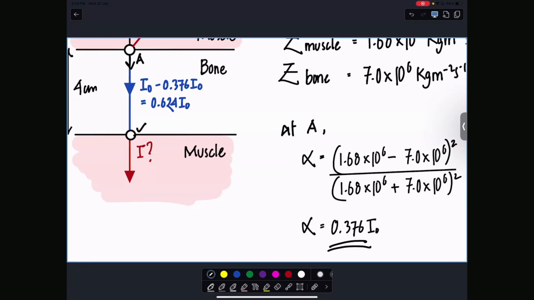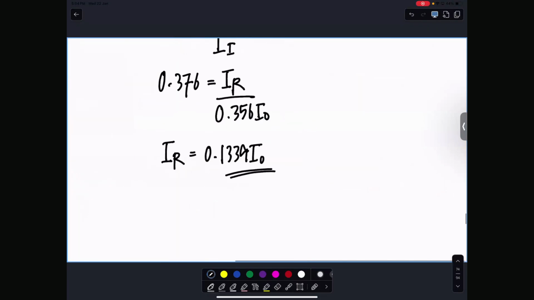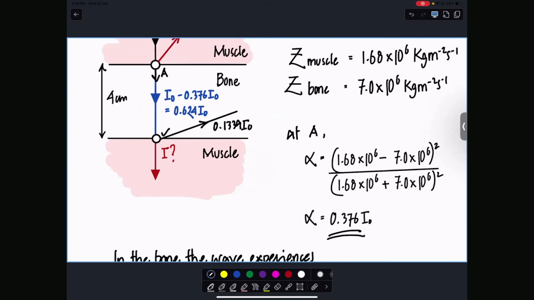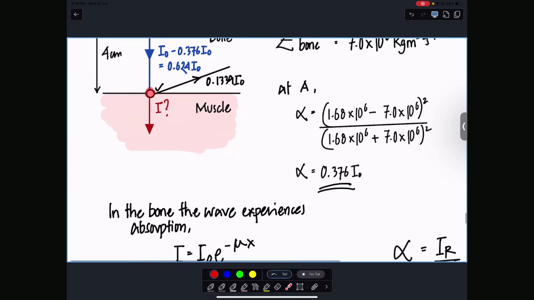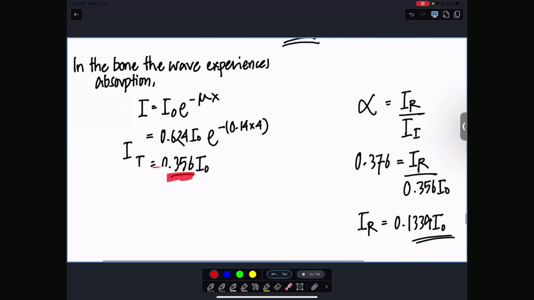Very good, right? The one that's actually going and reflected out here. So that is 0.1339. But that's not the answer. তোমরা কোথায় যাচ্ছ? আগে answer করে যাও। So of the one that came in, right, at the bottom, এই জায়গাটা কতটুকু reach করছিল? আমরা ম্যাথ করছিলাম। কত reach করছিল? 0.356. Of that, this is reflected.